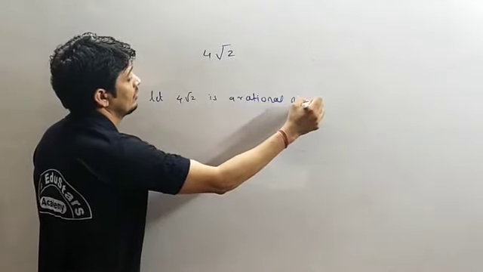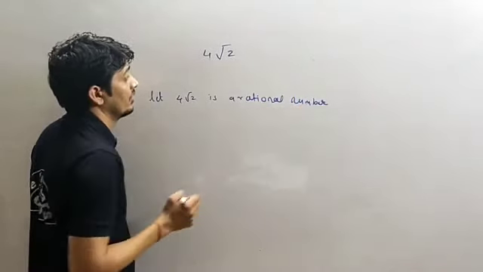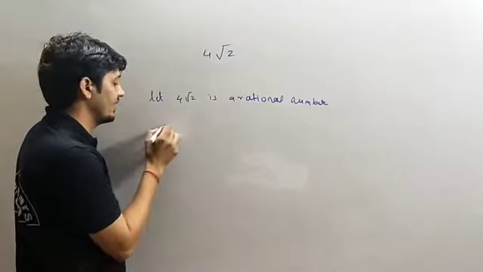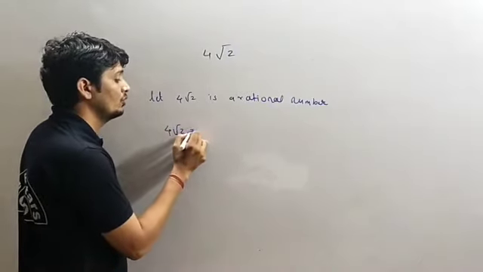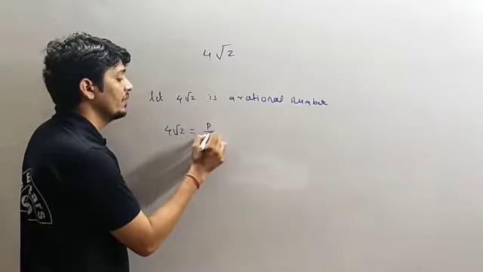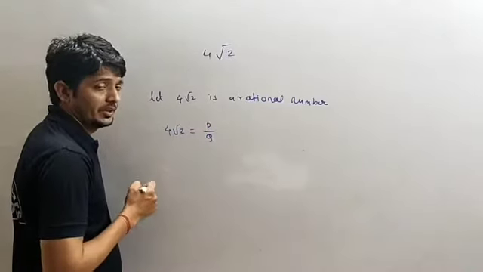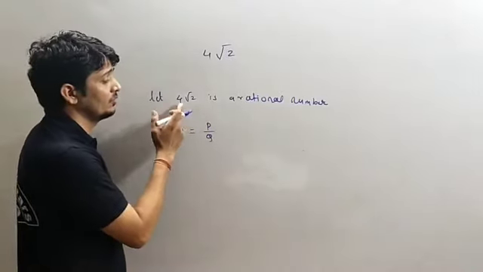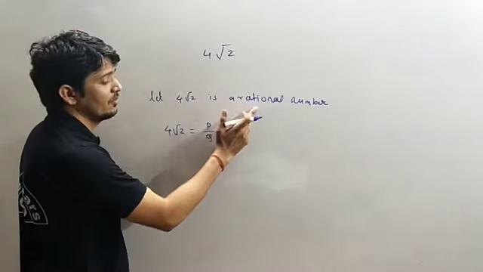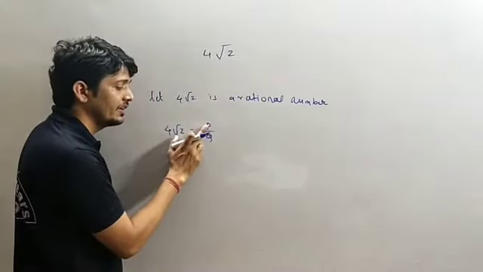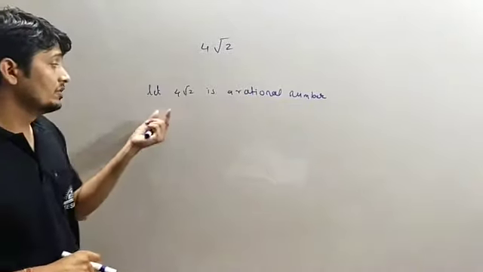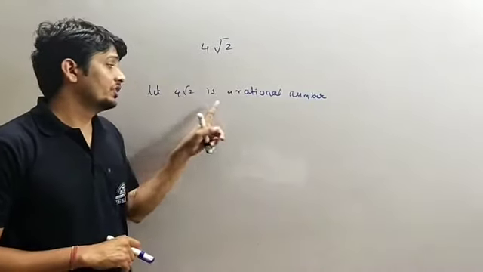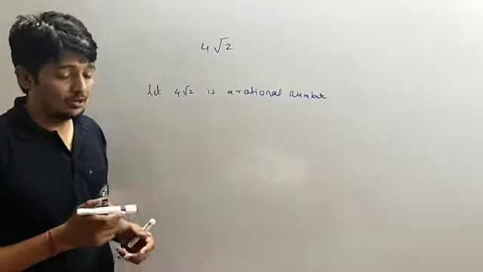Then we can represent this as 4 root 2 equals p by q. If we consider 4 root 2 a rational number, then we have to convert it into the form p by q, and check whether 4 root 2 is an irrational number or not.